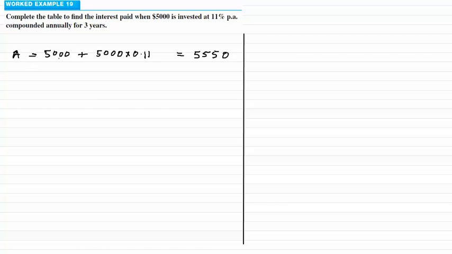Now notice you got 5,000, so effectively, and I'm going to rewrite it like this, you got the original whole amount represented by the 1, so I'm going to take 5,000 outside a bracket, and then it's increased by 11%. So you get this expression.